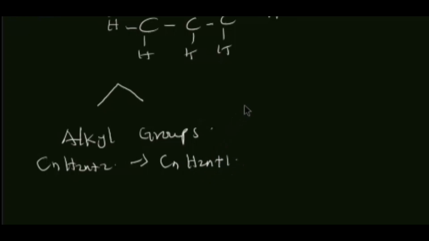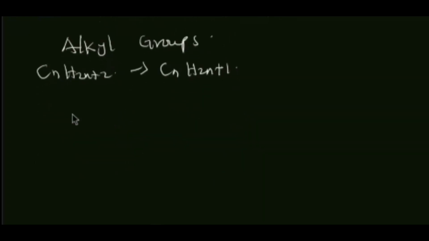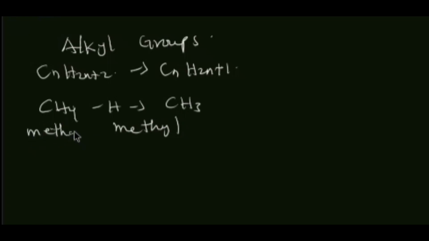That is what we call an alkyl group. If I have methane CH4 and I remove one hydrogen, I'll get CH3, and we call it methyl. The name is formed by removing the ane from methane and replacing it with what? Yl. Methyl, because it's alkyl. The other one was alkane, so methyl.